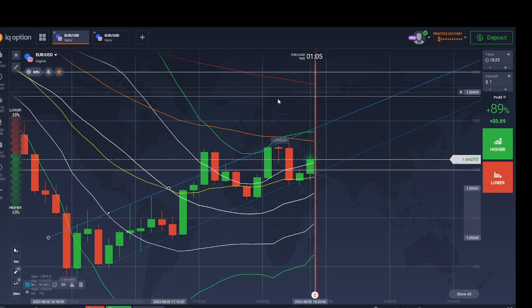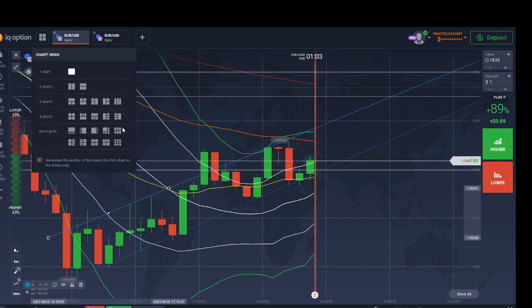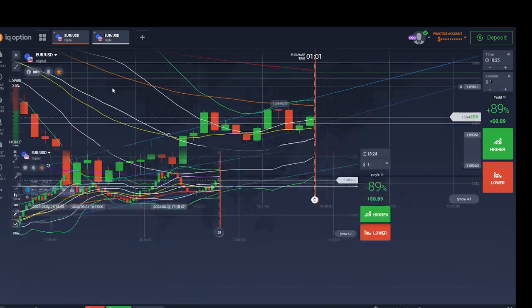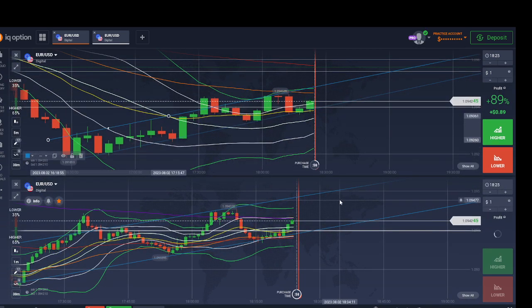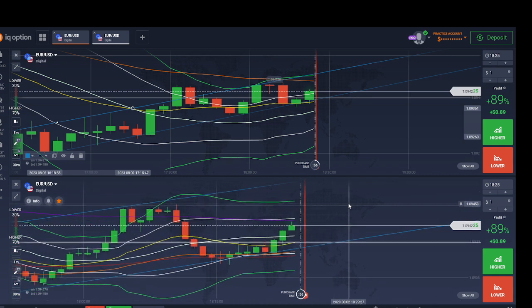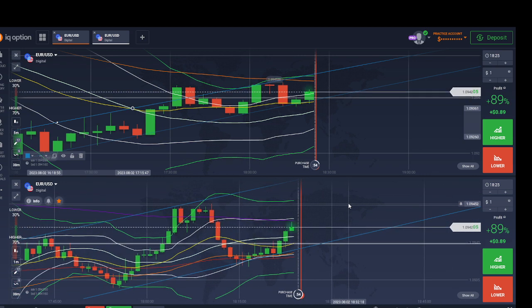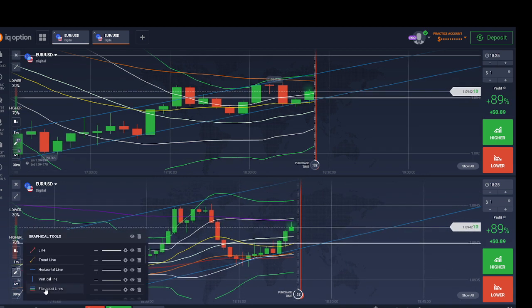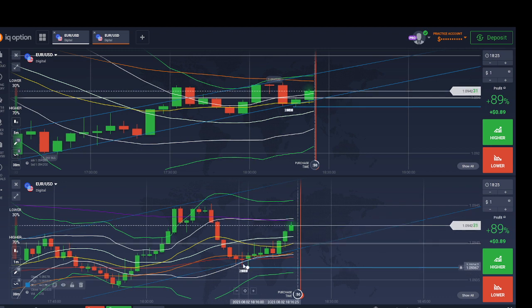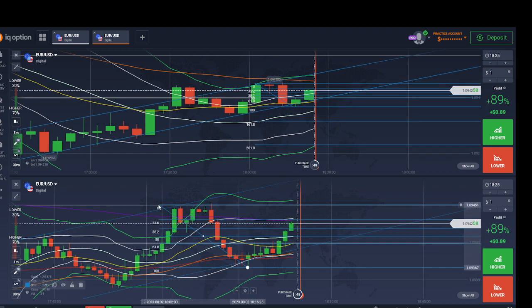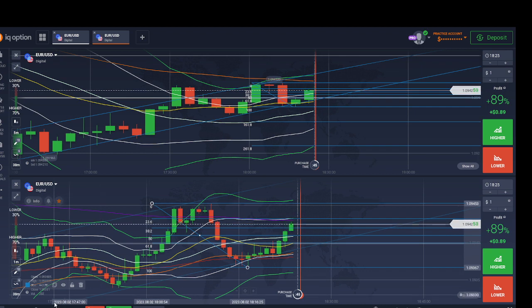However, I'm not very sure about what's going to happen, so I will just see what's happening on the 1 minute chart. At least we know the channels, right?